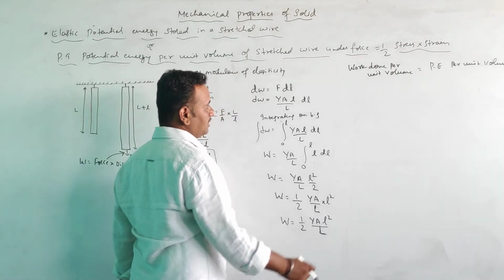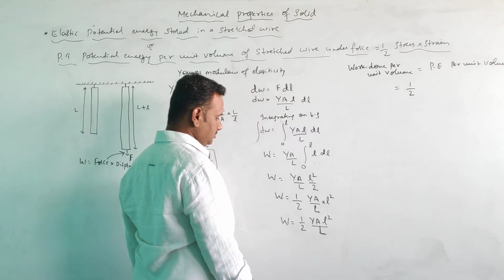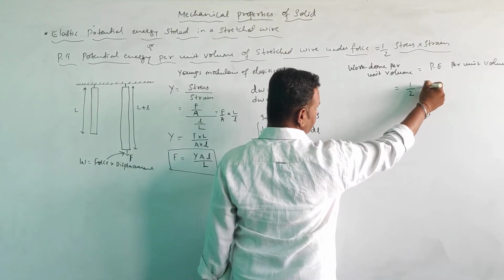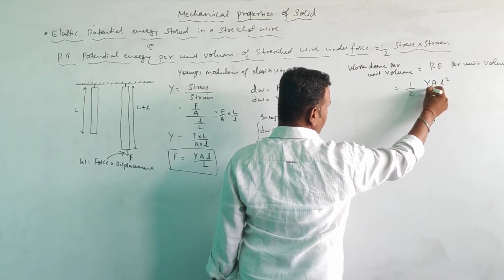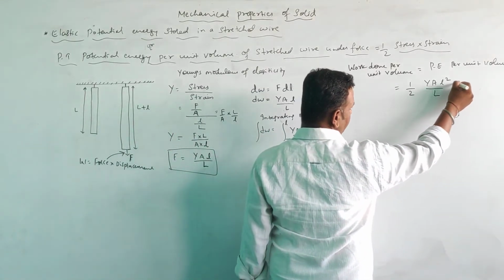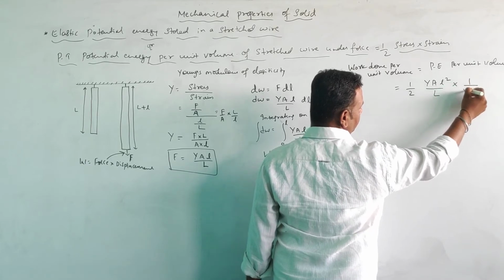So therefore I can write this as half Y A l square divided by L into per unit volume, which means 1 by volume.